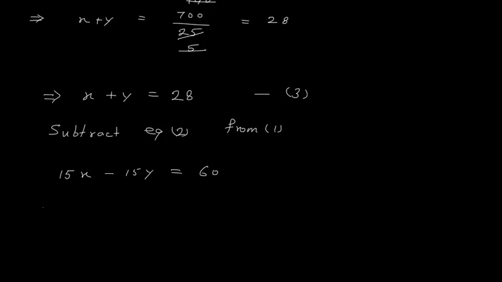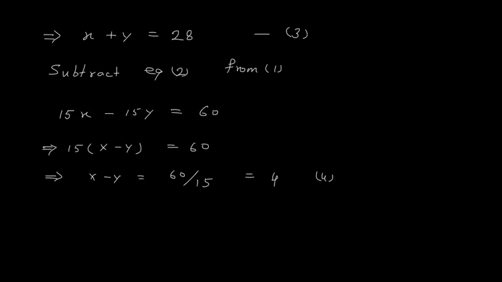Again you take 15 common, so x minus y equals 60 upon 15, which is 4. So this is our fourth equation.